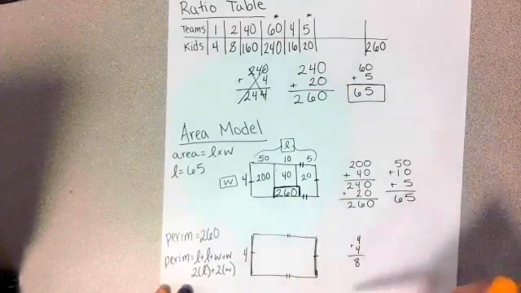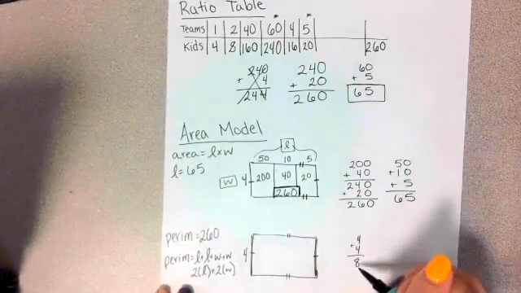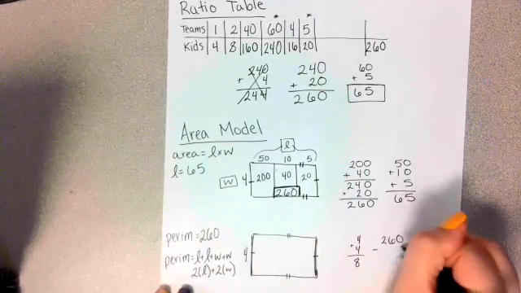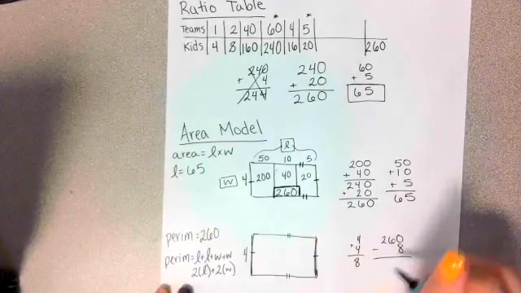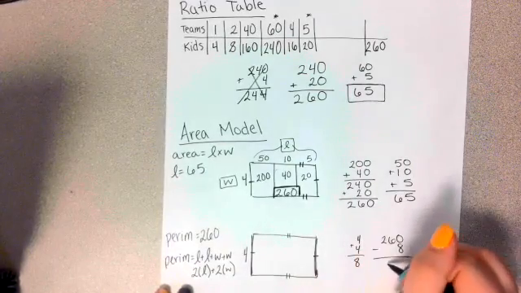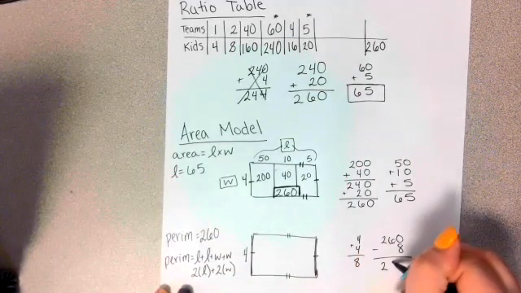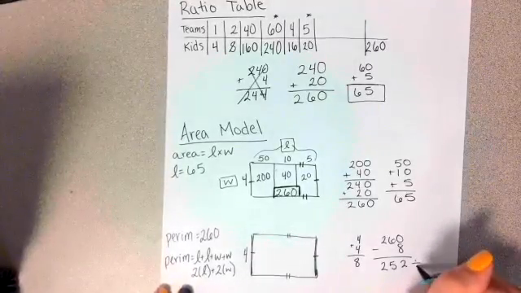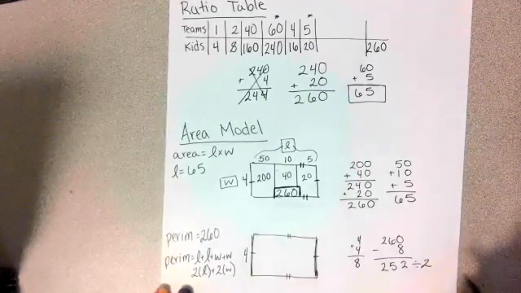Because remember, we're finding perimeter here. So 8 away from this 260 is going to get us the missing dimension, 252. And then we're going to divide by 2 to get us our final length.